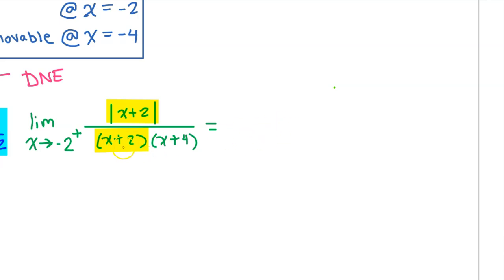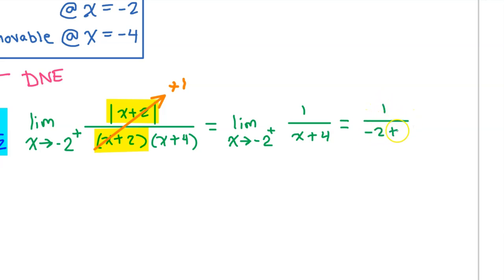This time I'm not going to show it, let's just do it mentally. If we substitute a negative 1 right here, that would be negative 1 plus 2, that is a positive. Therefore, these factors will cancel each other out and make a positive 1. This limit can now be evaluated by direct substitution. Plugging in negative 2 for x, we get 1 over negative 2 plus 4, which gives us positive 1/2.